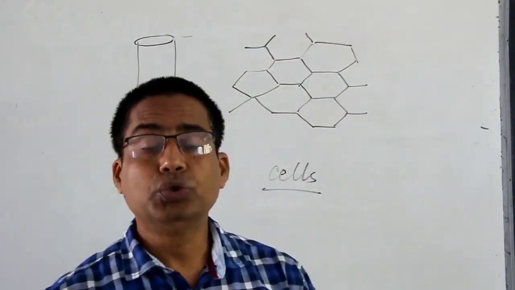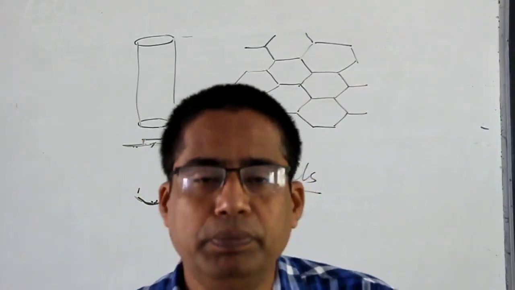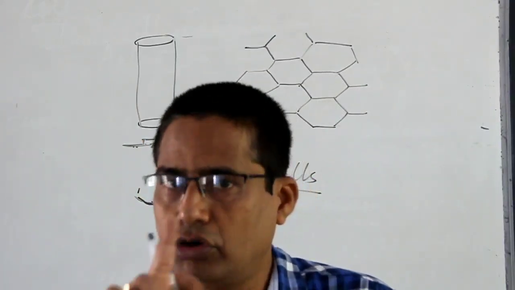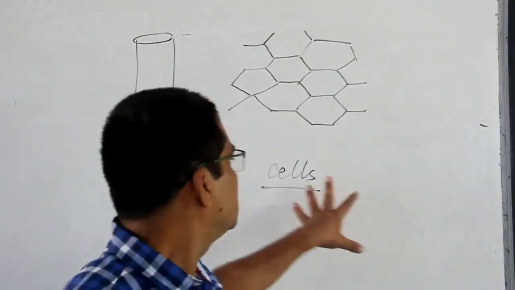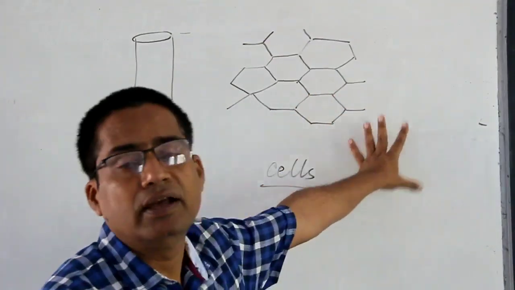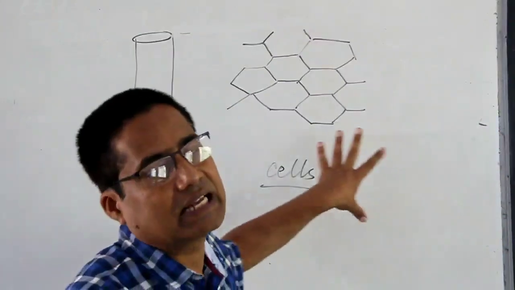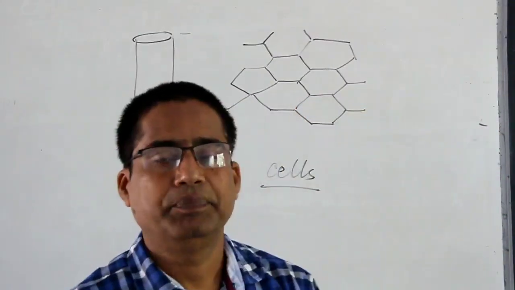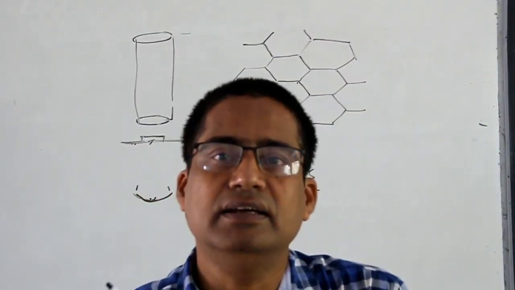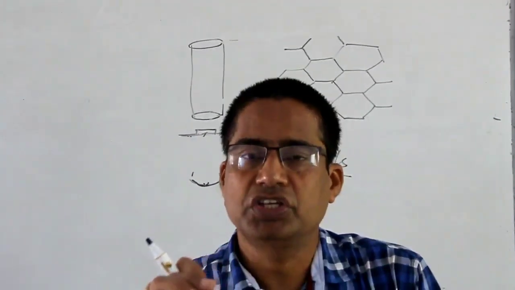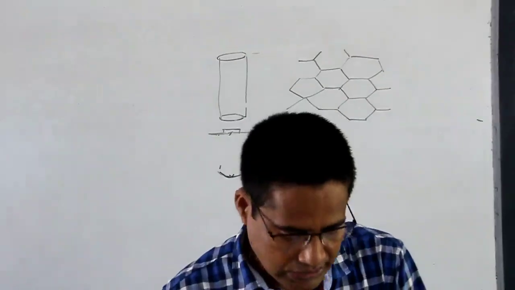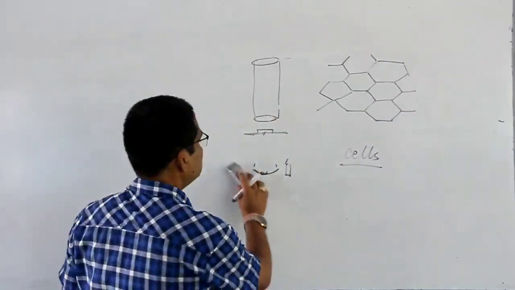So it was Robert Hooke who first observed the cell under the microscope, and that was the cell of cork. Cork cell is a dead cell, remember? He compared that with the compartments of the monastery and called that the cell. So he said these cells are the building blocks of the structure that make a living organism.